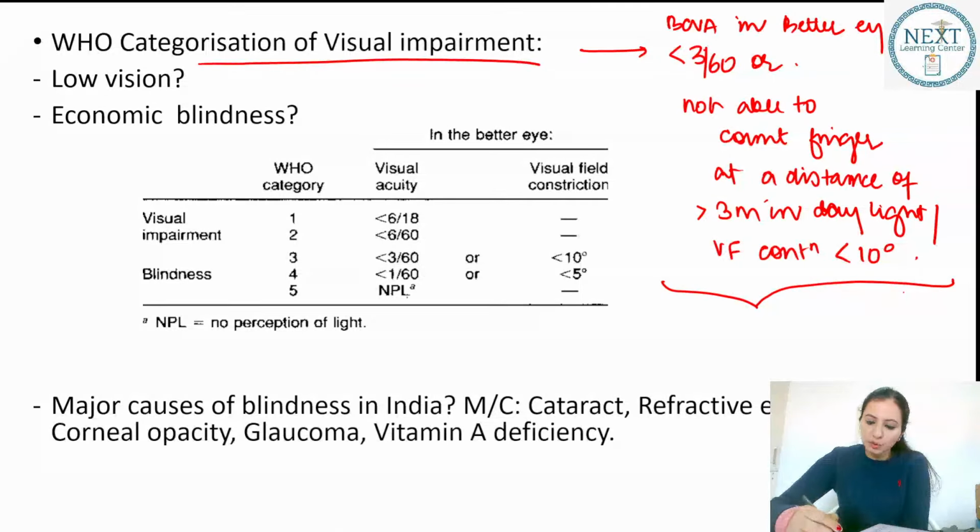What are the causes? Most common is cataract, then you have refractive error, corneal opacity, glaucoma, and vitamin A deficiency.